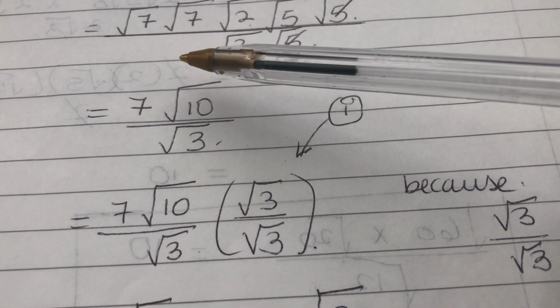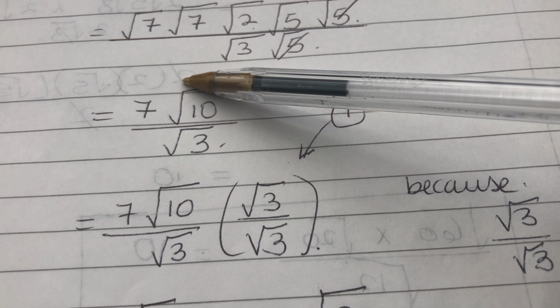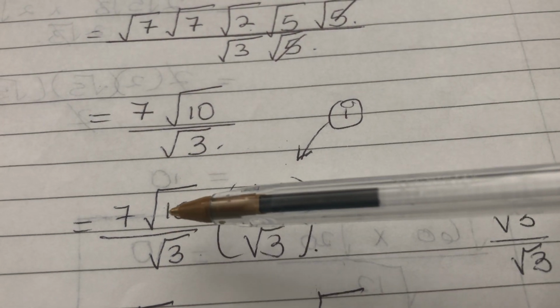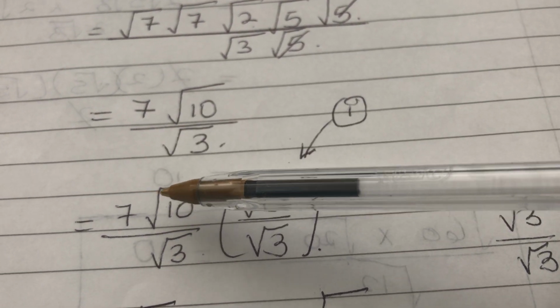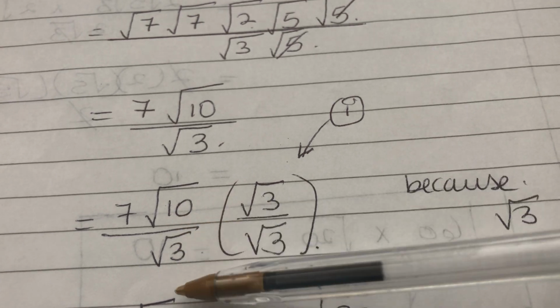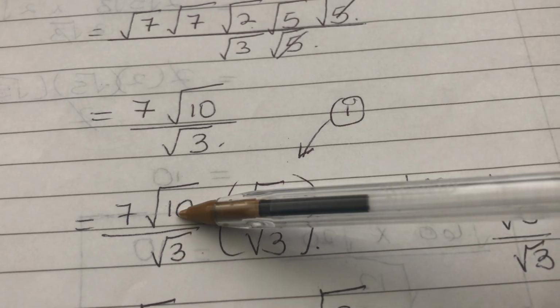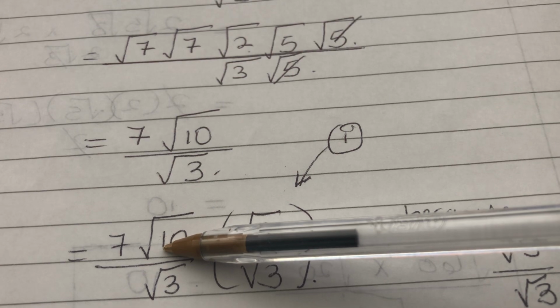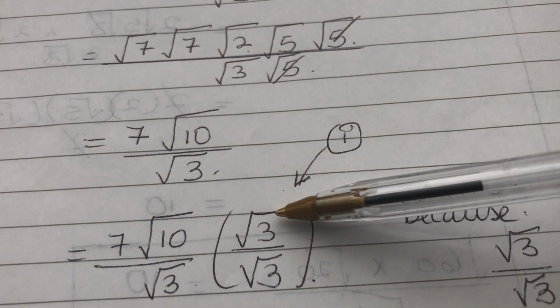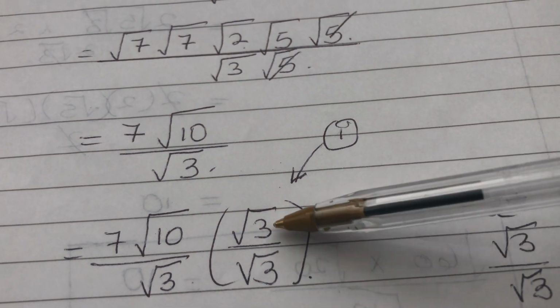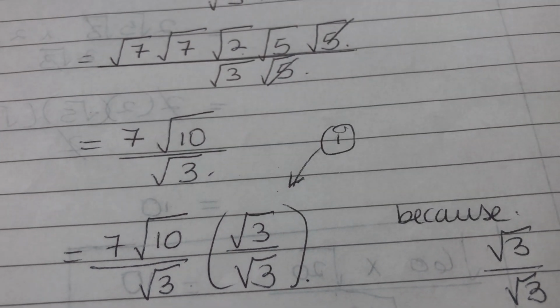So instead of keeping my answer this way, I'll write it as 7 root 10 divided by root 3. Because the denominator is root 3, I'll multiply both the numerator and the denominator by root 3, which will give me 1.